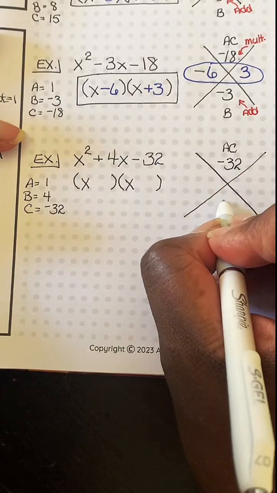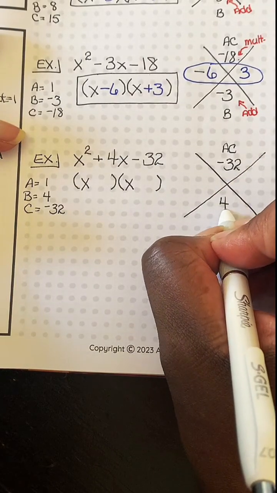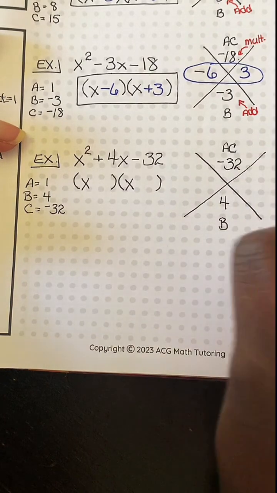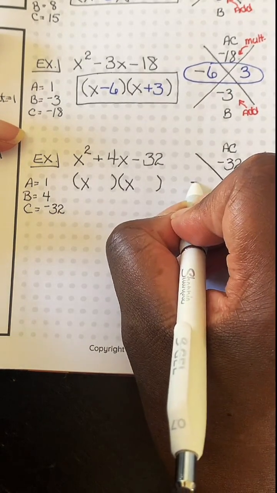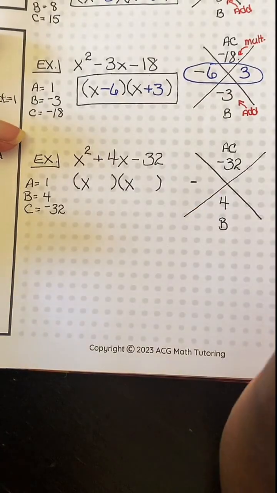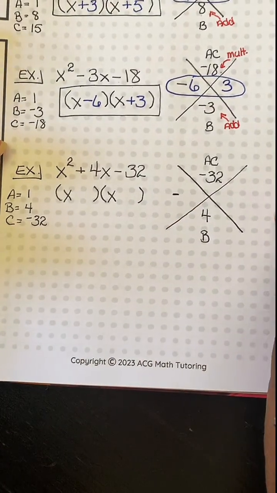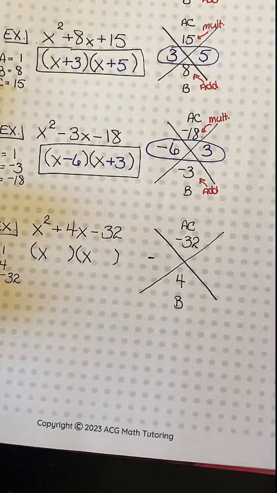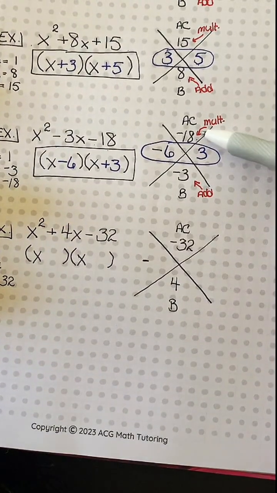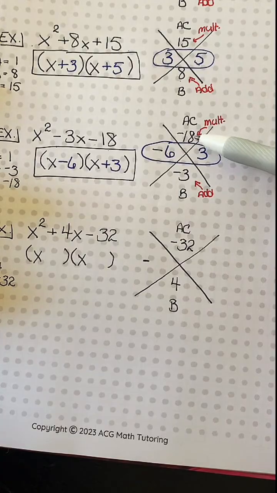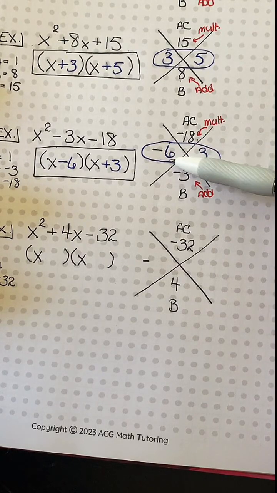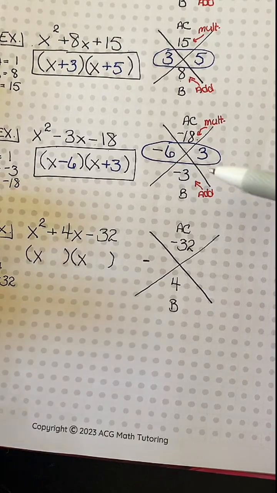But this time my b is a positive 4. So that negative is actually going to go with the lowest number this time. There are always patterns with math. That's one thing I do like about math. When you have two negatives, the larger number is going to carry the negative.